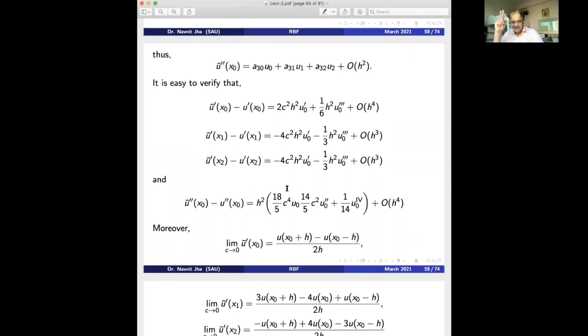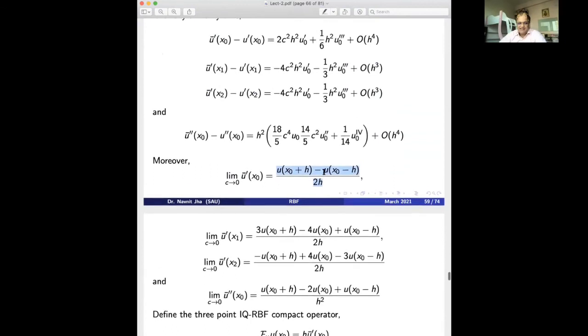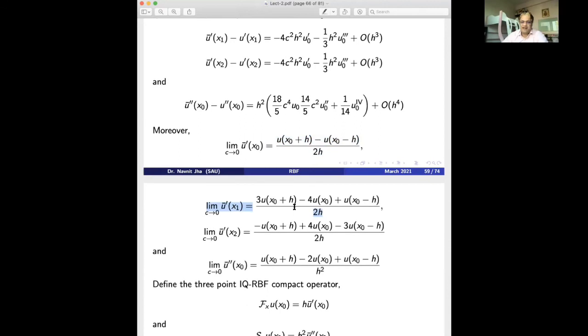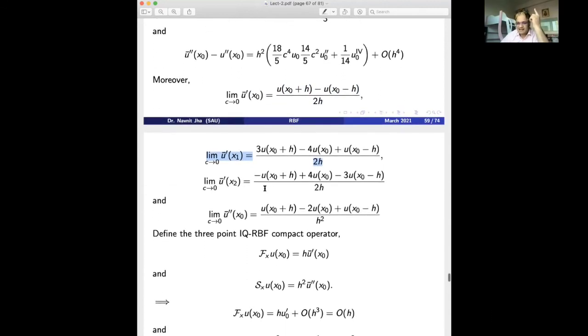And interestingly, as I have said previously, in the Gauss, if I take the limit c goes to 0, what is happening? This is nothing but twice the averaging operator and first central difference operator. This is exactly the same as compact discretization with 3 points at x1.